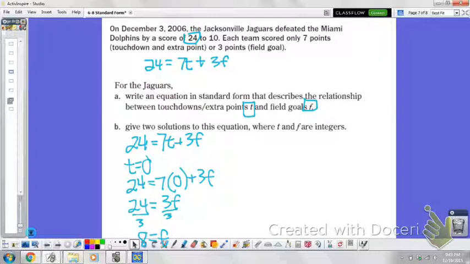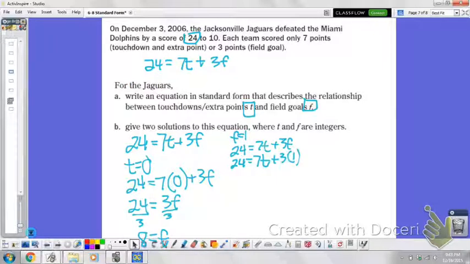Let's go ahead and guess another easy number. So let's guess, say, F equal to 1. So I'll take my equation, 24 is equal to 7T plus 3F, and I will use 1 for F, so plus 3 times 1.